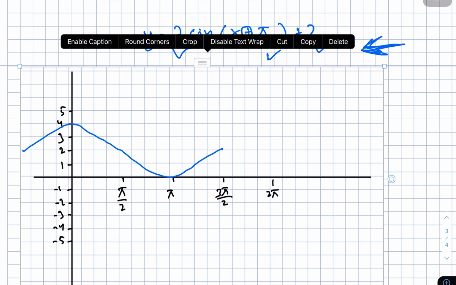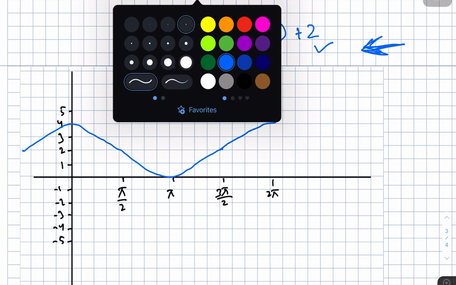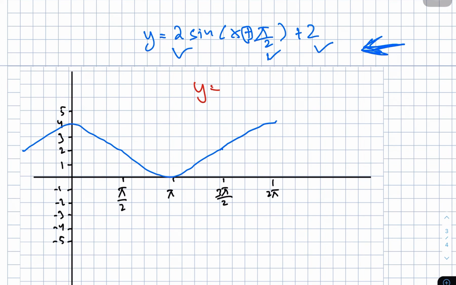And I can just continue this graph, and this would be our graph for y equals 2 sine (x plus pi over 2) plus 2.